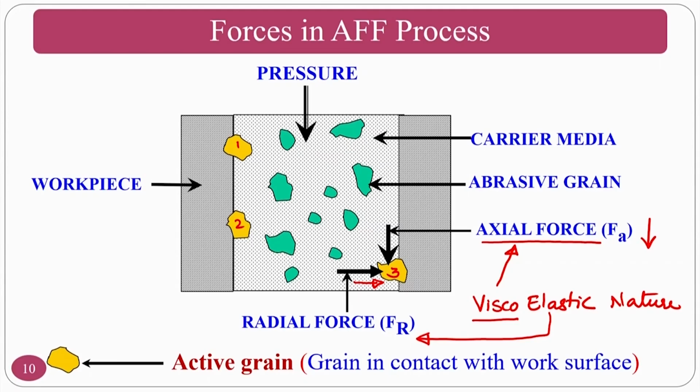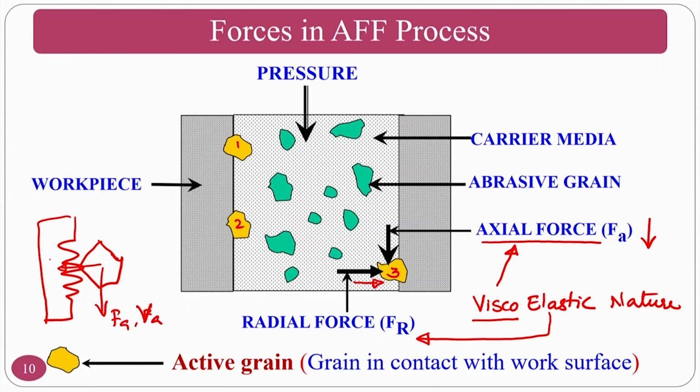Assume that I have this particular surface. Whenever my abrasive particle is like this, the radial force will indent like this and the axial velocity will move here, and Fr will be there, because of which shearing of the chip will take place and the material removal will take place.